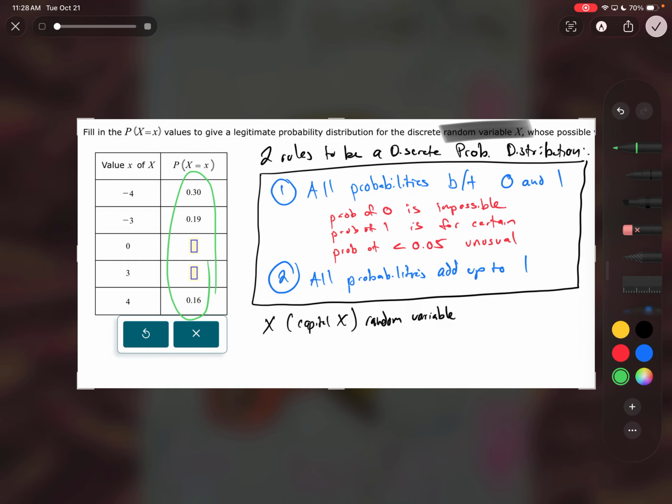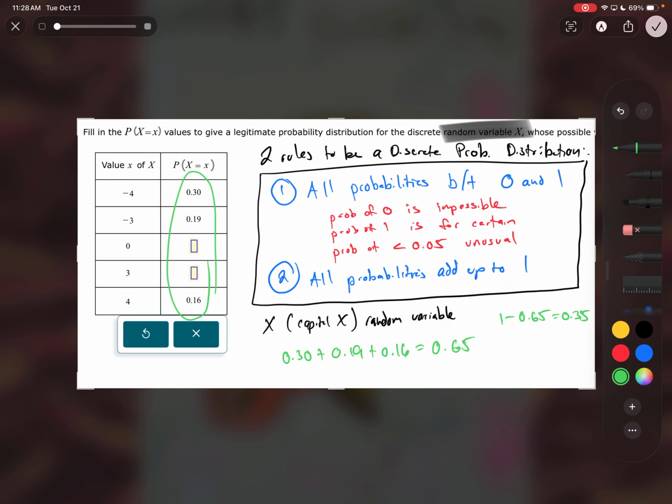I know that these have to add up to be 1. So if I add these up, 0 plus 30 plus 19 plus 16 is 65, right? These all have to add up to be 1. So if I do 1 minus 0.65, that leaves me with 0.35, okay?